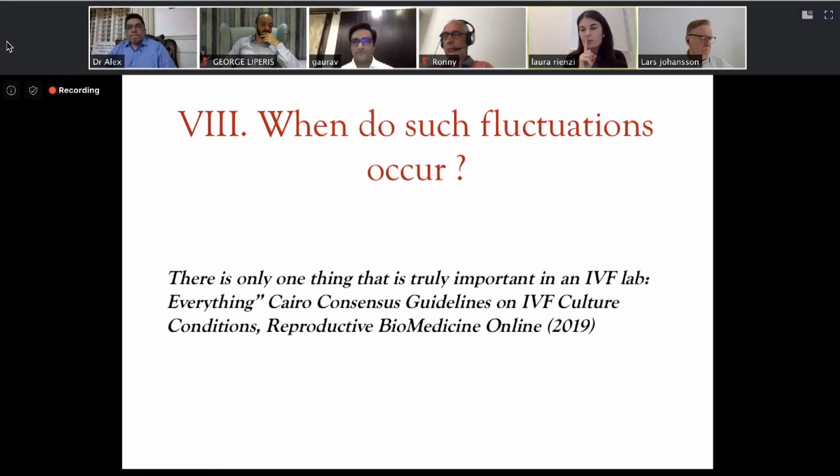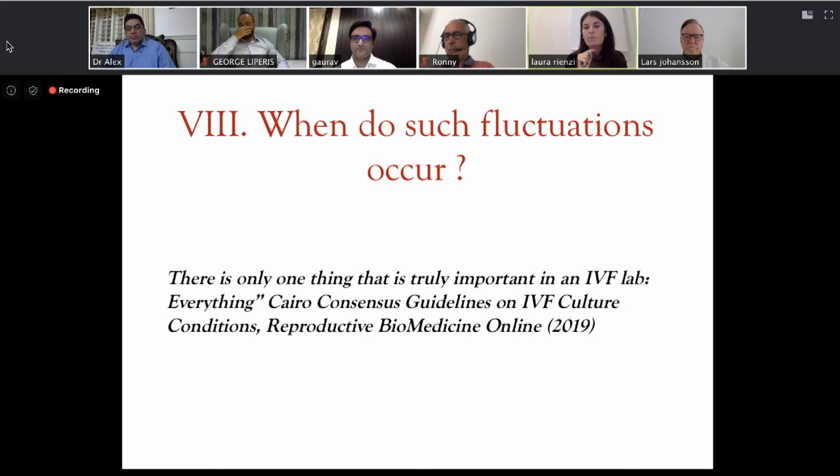And I would like to add something, because you may have everything under control, but in the wrong way. For instance, when you calculate the fertilization rate or the embryo development rate, the patient is 1, and not each oocyte is 1. Because, of course, the oocytes coming from one patient are connected to each other.